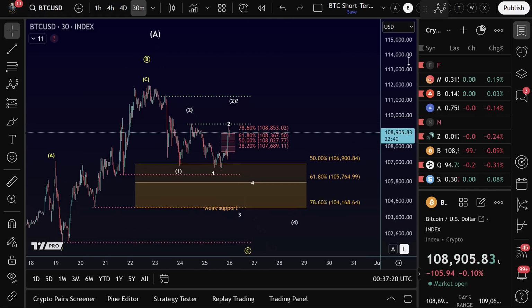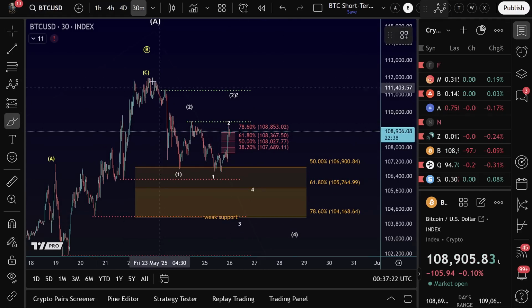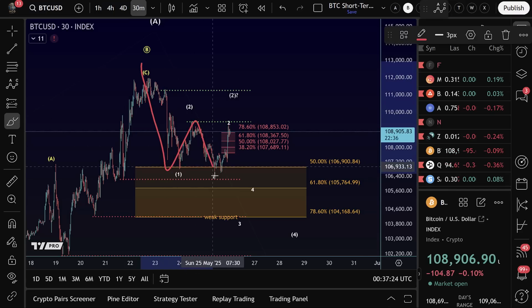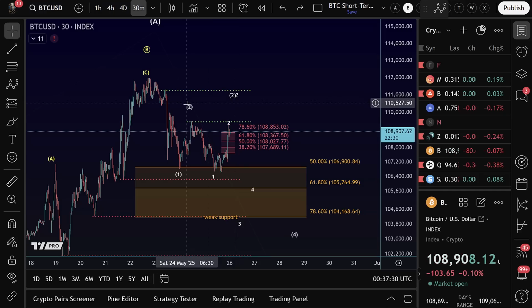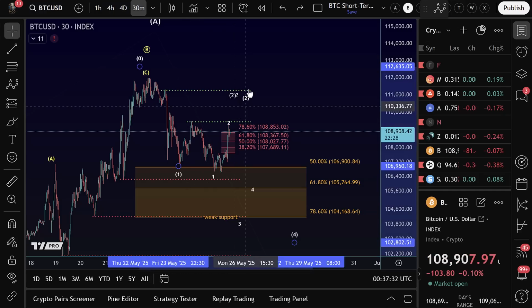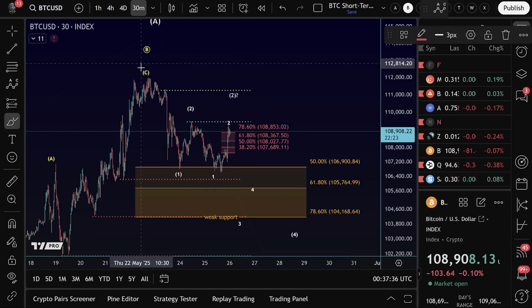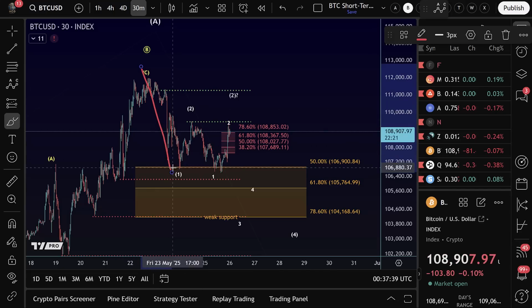The question is, is this really a 1-2 setup? It could be. I doubt it. I start to assume it is at least the wider wave 2 still, so that this wave 2 is still unfolding, because we have a 5-wave move down. First of all, this move up was quite weak, but valid as a wave 2.